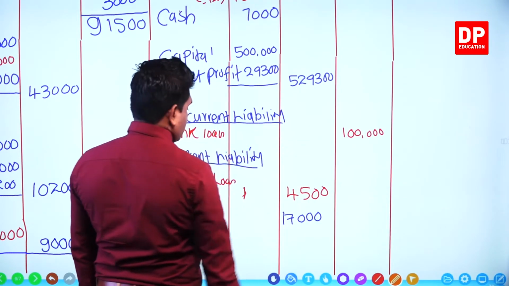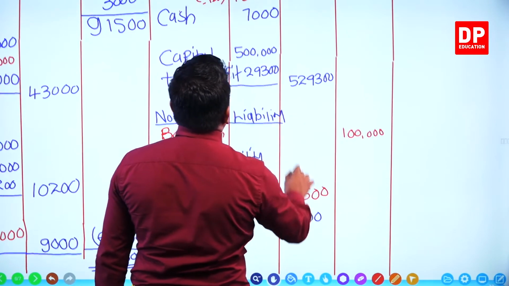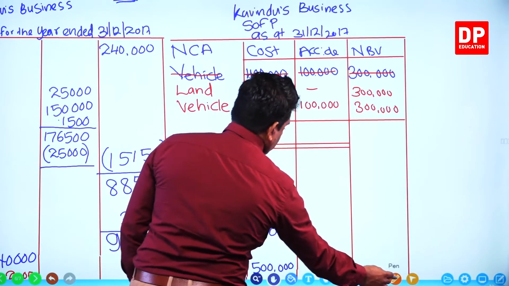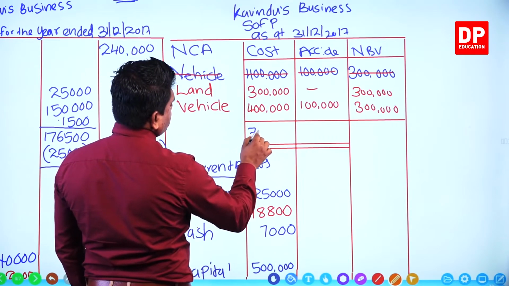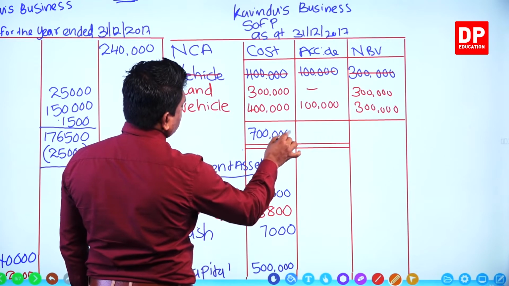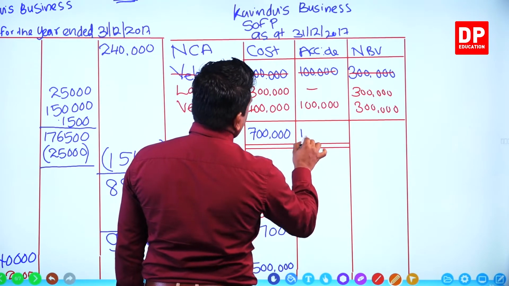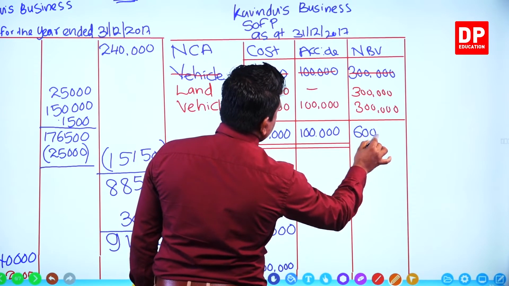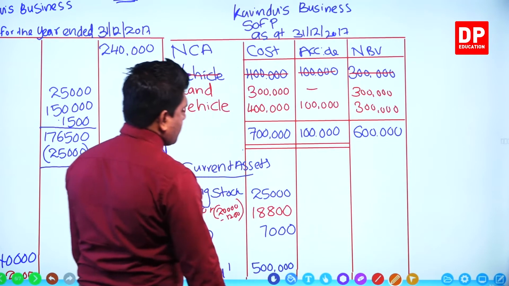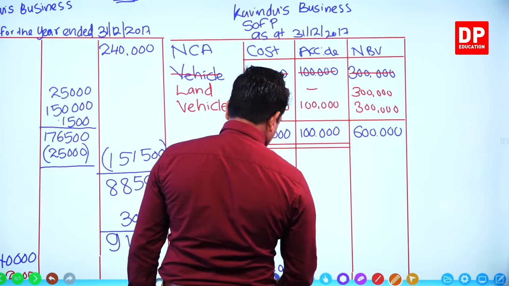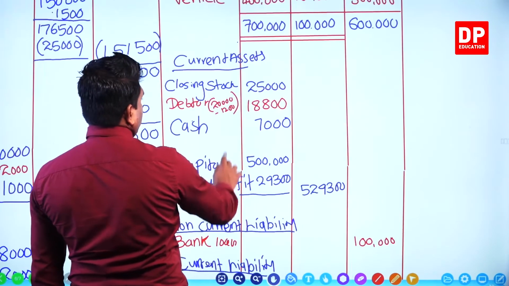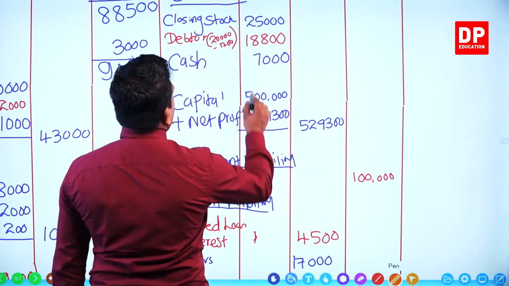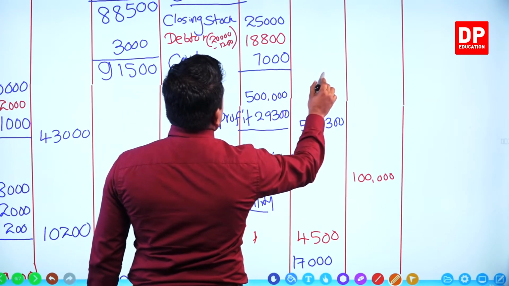529,300. Then you go to the top. How much here? Cost column 700,000. Then 100,000. Then 600,000. Go to the current assets area. Now you go to the current assets area. Here 800.